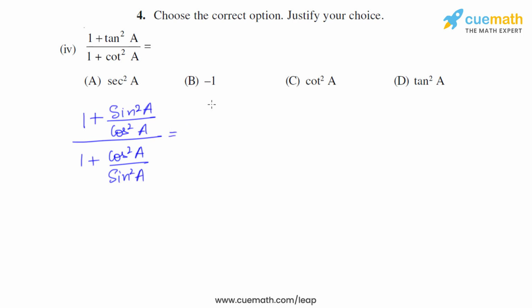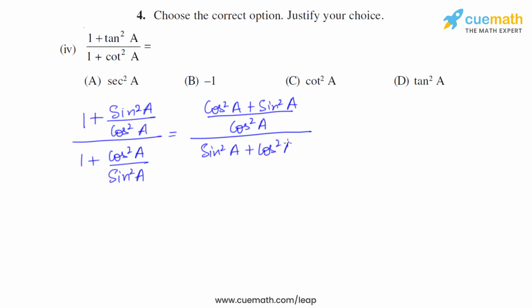So here we will get cos square A plus sin square A upon cos square A, and in the denominator we will get sin square A plus cos square A upon sin square A.